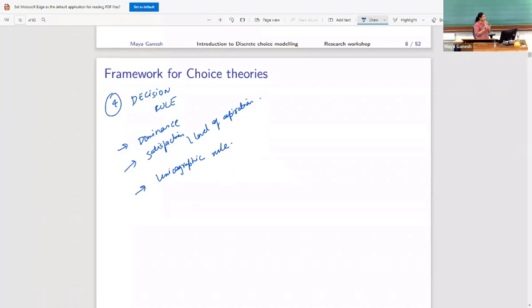The other decision rule that we typically talk about, which you would have also heard about, is something called utility, right? And what am I saying here? It's based on the idea that all the attributes that I listed are comparable, which means that the attractiveness of one option, shown through the value of its attributes, can be reduced to a single number.